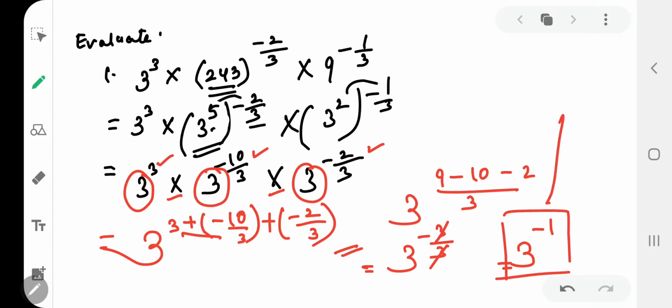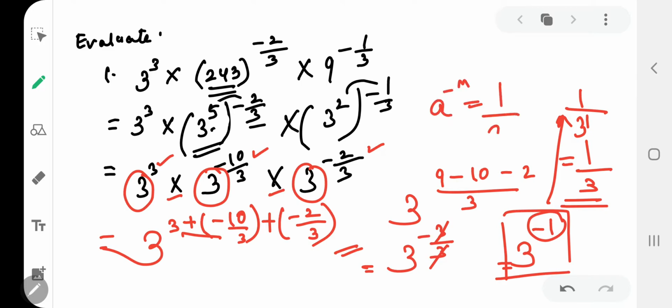If you want to make it positive, you can write 1 upon 3 raised to 1. That is, your final answer is 1 upon 3. How did 1 upon 3 come? Because I made this negative exponent positive, because you have the identity a raised to minus m equals 1 upon a raised to m. Is that clear?